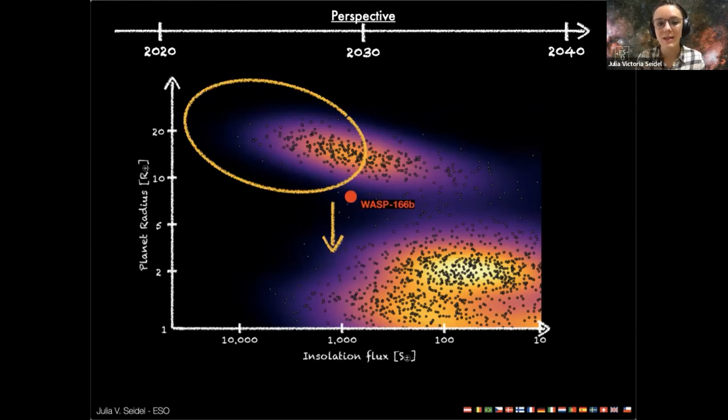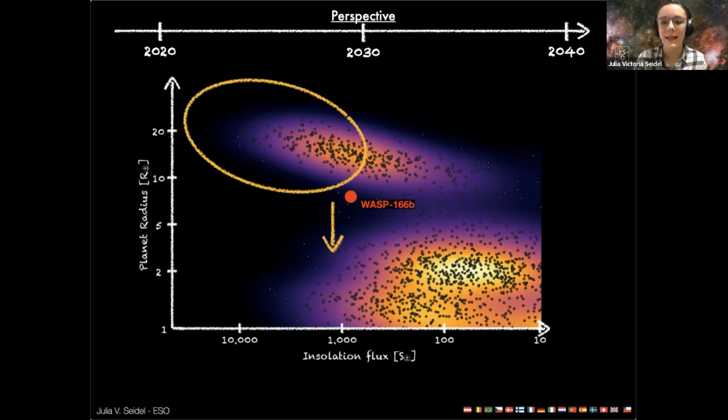Like, can we push this into what we call the Neptune Desert? So this realm where hot planets the size of Neptune should exist, but somehow by photoevaporation or by other means, they just lose their atmosphere because their gravitation isn't strong enough to keep the atmosphere bound from the continued blasting by their host star. And one of these very interesting worlds that is already in the Neptune Desert, but still has an atmosphere, is WASP 166b.